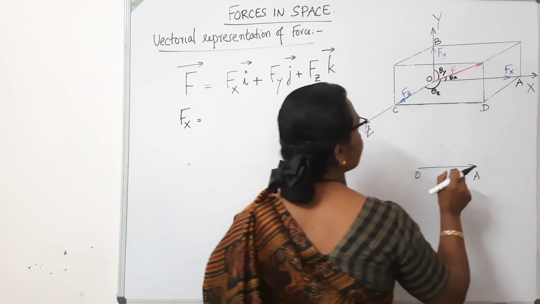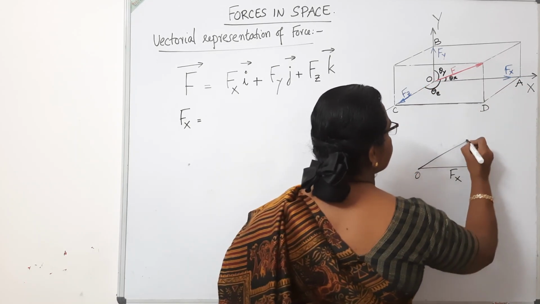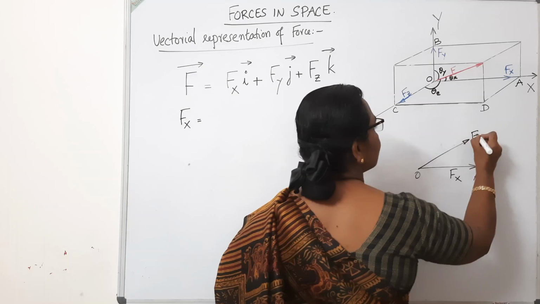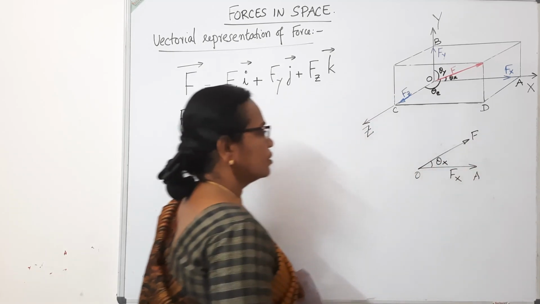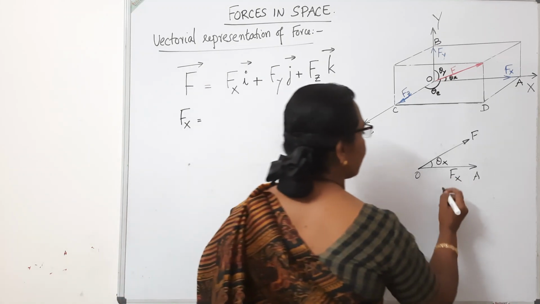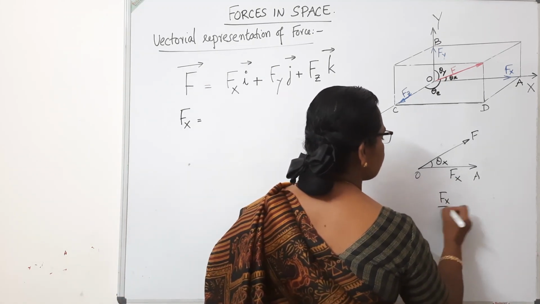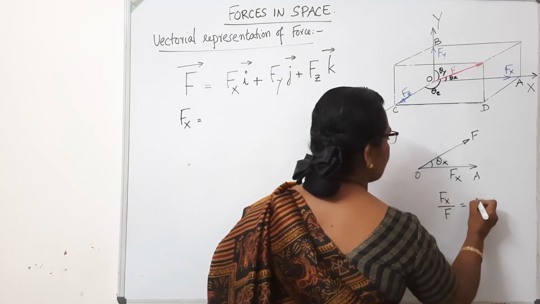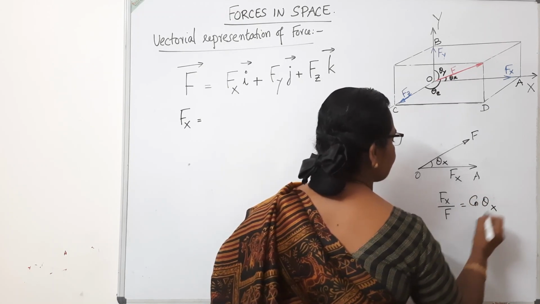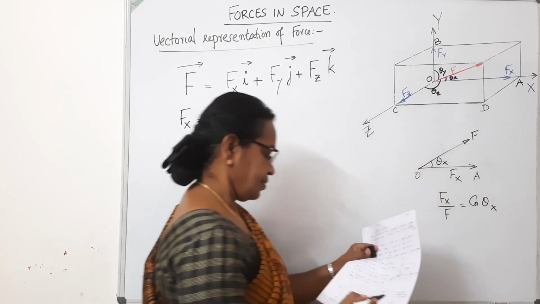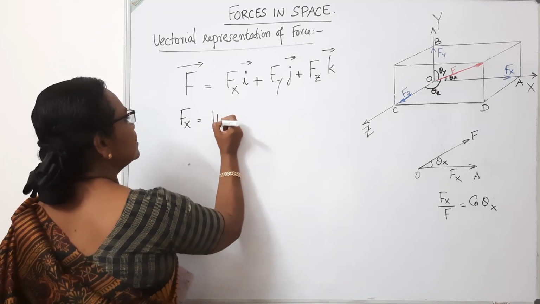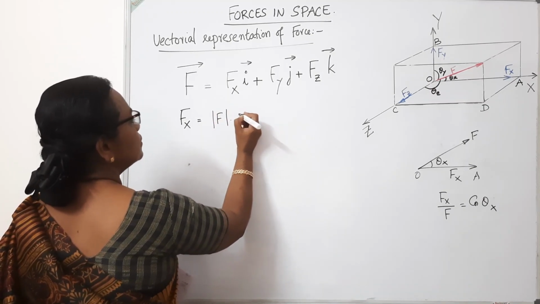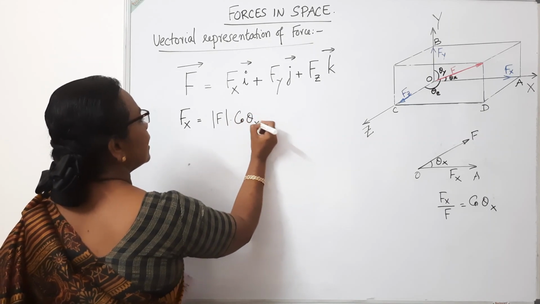O to A is Fx, and the force vector F makes an angle of theta x with the x direction. So we can write Fx by F is equal to cos theta x, or Fx is equal to the modulus of F into cos theta x.